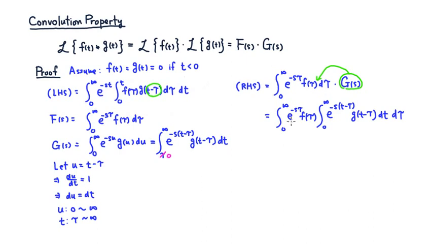All right, so what we can do next is this. If you look at the e to the negative s tau, here you have an e to the positive s tau. Maybe I should write that down. If you split this into e to the negative s t, which we're going to keep, the other one is simply e to the s tau, because it's just a double negative.